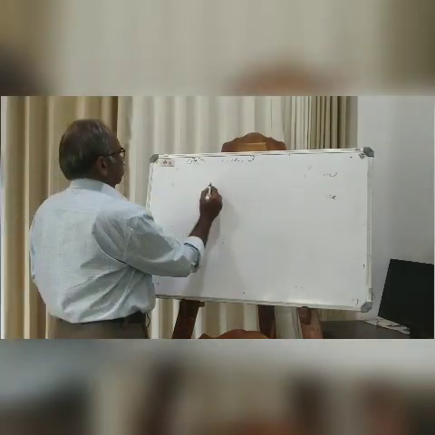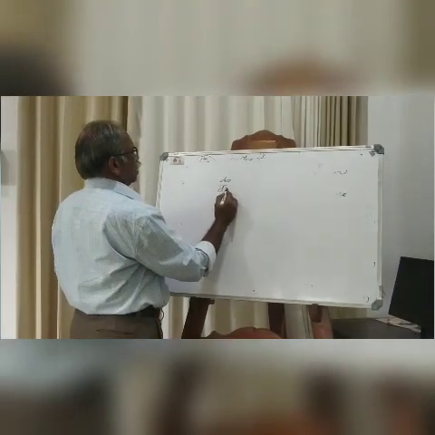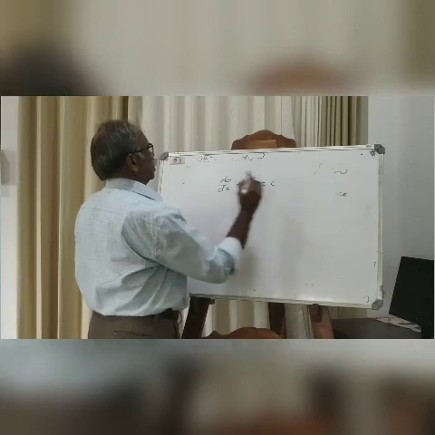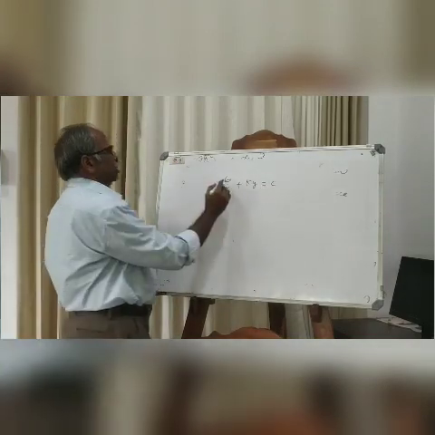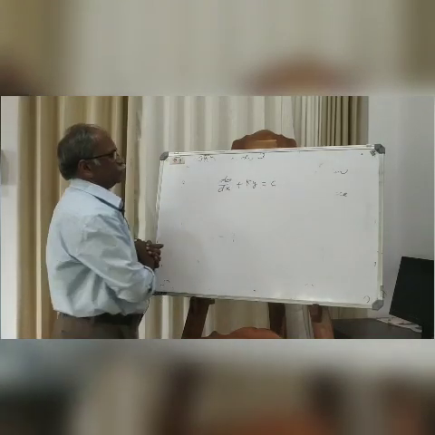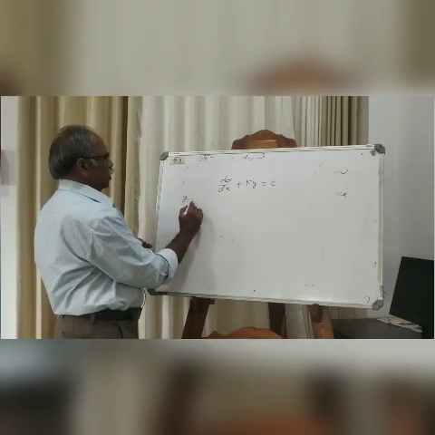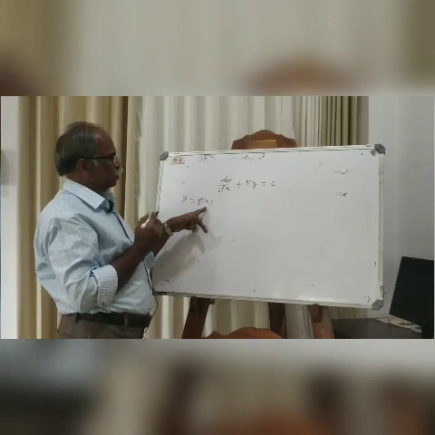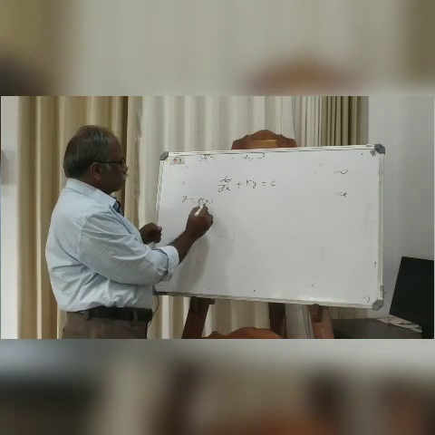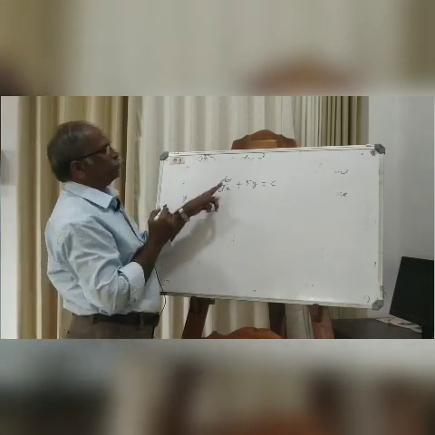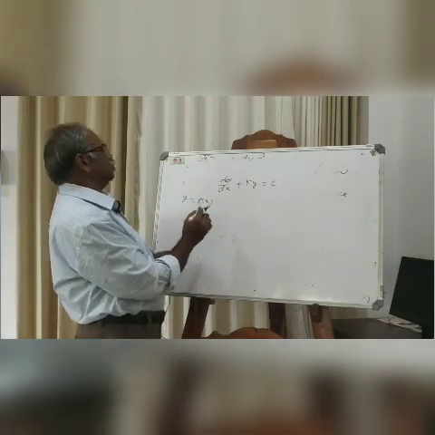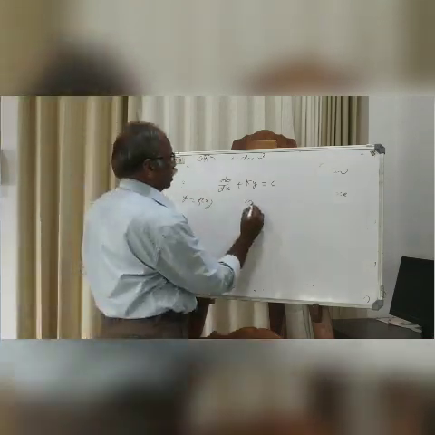For example, dy by dx plus ky is equal to c. It is a differential equation. Here there is only one independent variable x. y is a function of x. We have y as the dependent variable and x as the independent variable. Since there is only one independent variable, such a differential equation containing one independent variable is known as an ordinary differential equation.